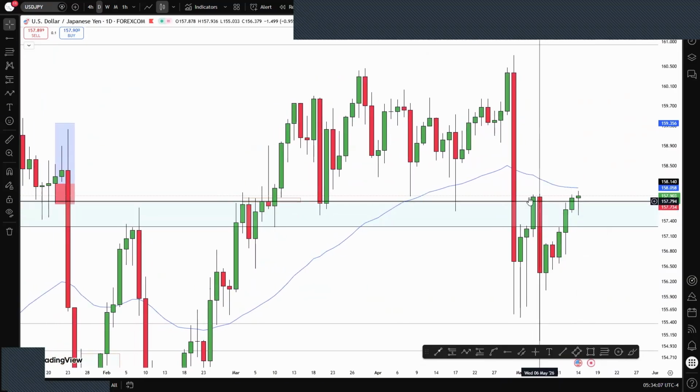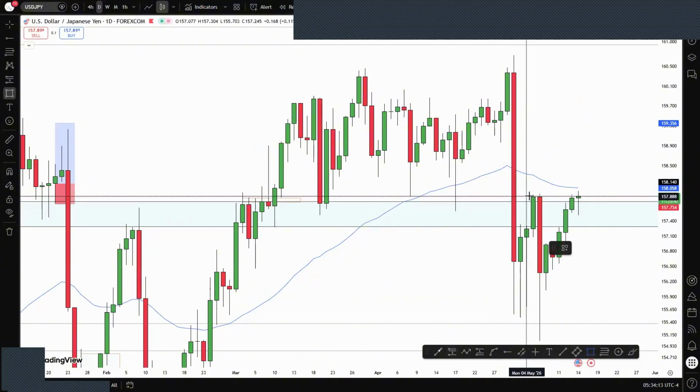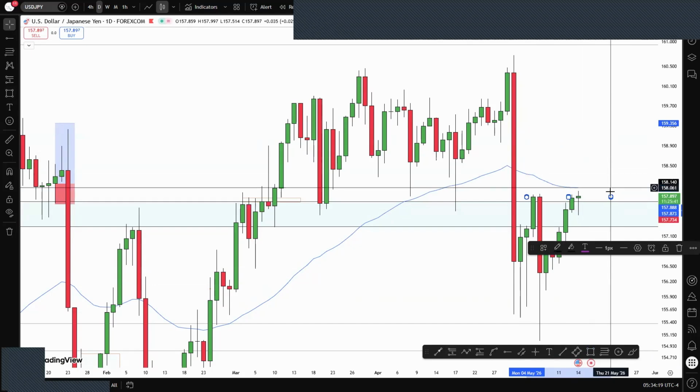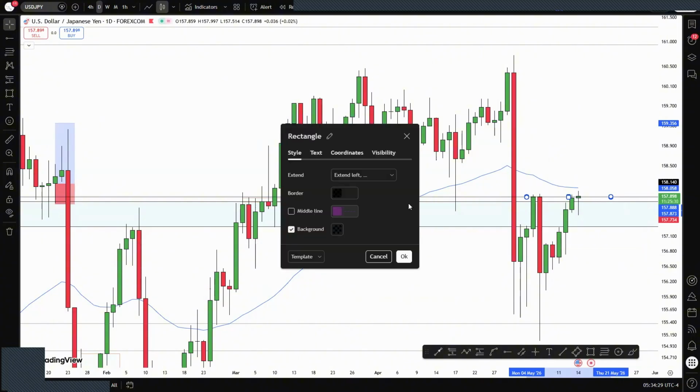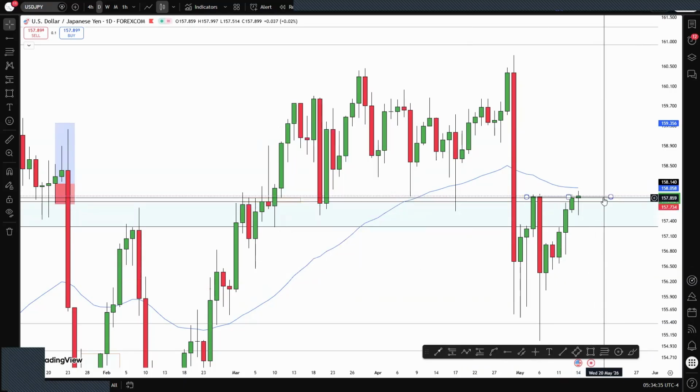So since we are now at this level, the only thing we can do is wait for the daily to go bullish at this zone. Because once the daily is bullish, then we'll have the indication we need of knowing that price is ready to go for buys, because you only have the weekly that's bullish for now and the 4 hour that's bullish, but you guys will get to that.